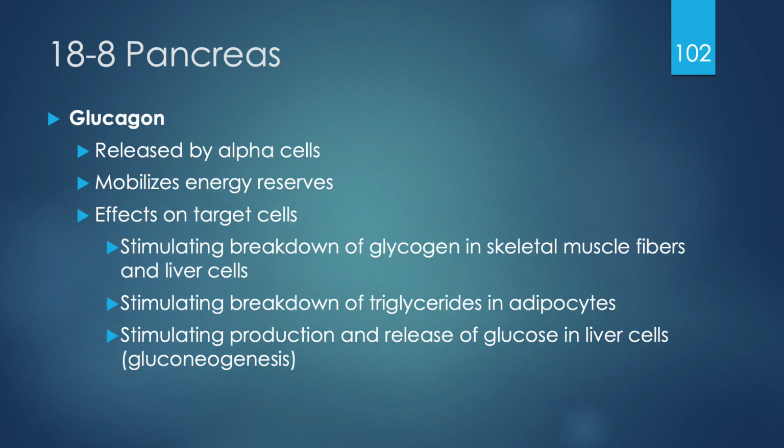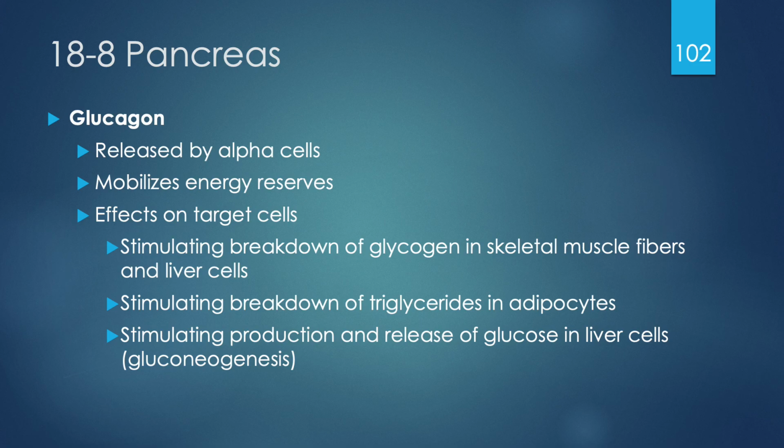Glucagon has the opposite effect of insulin. It is mobilizing our energy reserves to give us more energy, as opposed to insulin, which allows us to store energy. So glucagon is going to be released by the alpha cells as opposed to the beta cells releasing insulin.